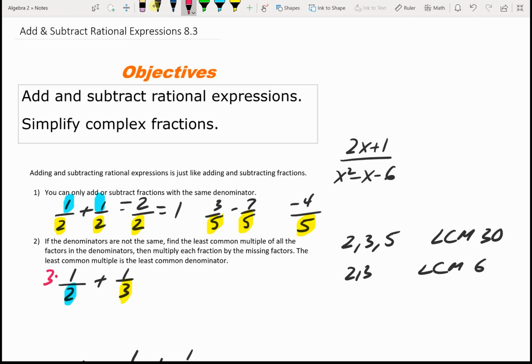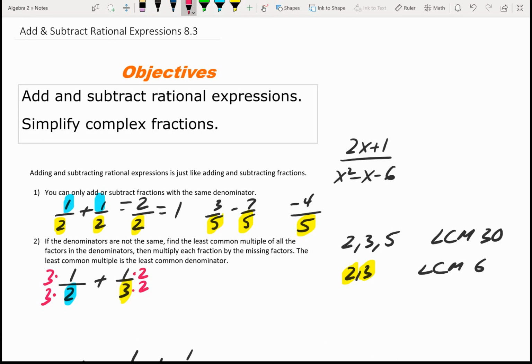I'm going to multiply the numerator and denominator by 3, because my least common multiple has to include the 2 and the 3. And the factor that's not in the denominator of 1/3 is 2, so I need to multiply the second fraction by 2, both the numerator and denominator.